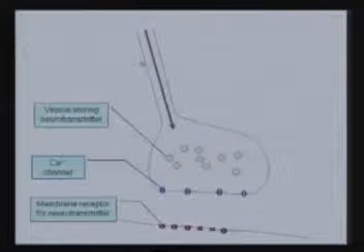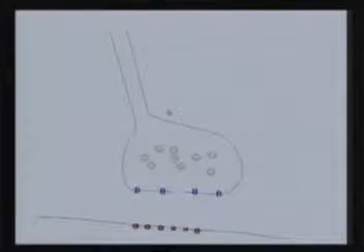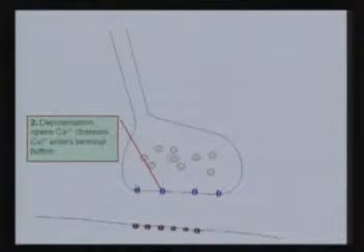Now what will happen is, from here the action potential is being generated, or the excitement or the message is coming. What it will do, it will open the calcium channels. That is, when the action potential comes, it depolarizes.